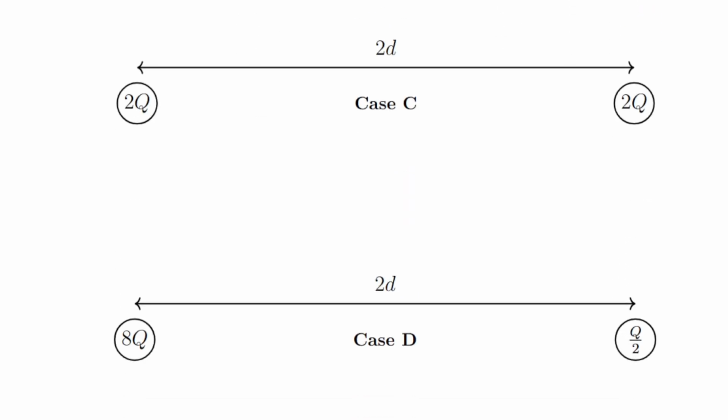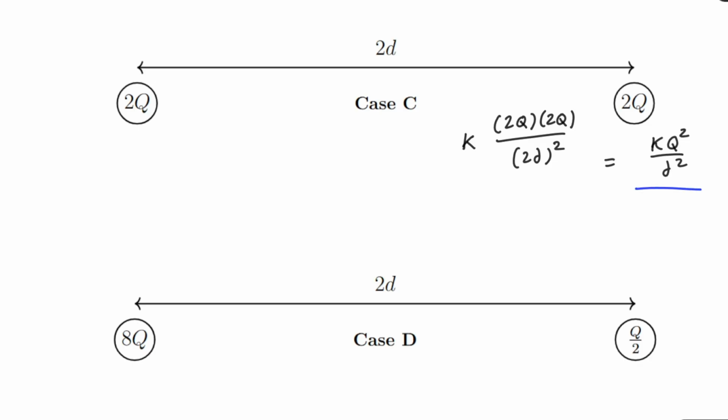Then case C, we have a k, a 2q, a 2q, and a 2d. So here's where we have to be careful, and we have to do the inverse square law. Because in this case, yes, I get 2 times 2 equals 4 on top, but also I have to square the 2 that's attached to this d. So that makes a 4d squared on bottom, so I get a 4 on top, 4 on bottom, so this also makes kq squared over d squared.